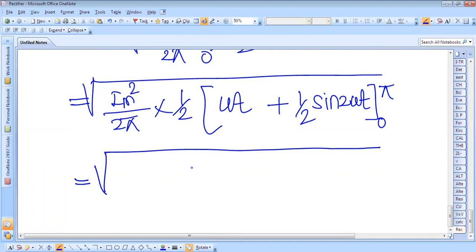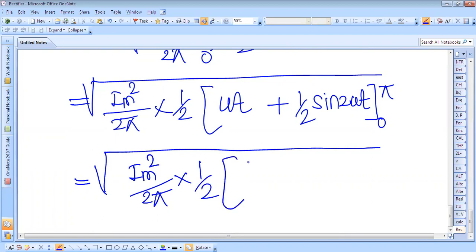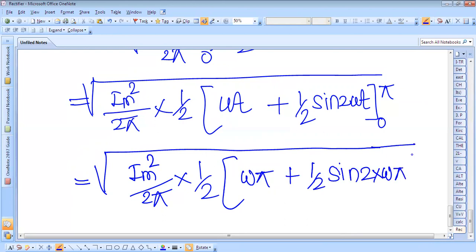We substitute the limits, the upper limit and 0 minus, plus half into sine of 0.